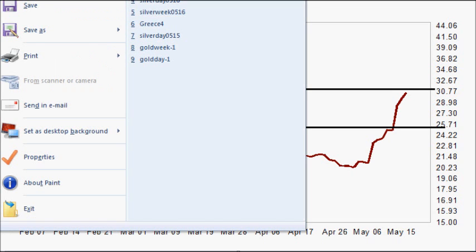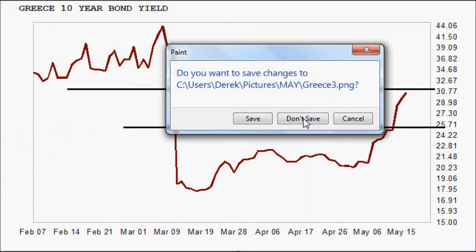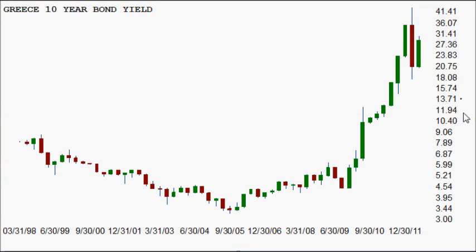When we take a look at this on a candlestick variety, the situation we have is a big up move, and then you have this correctionary phase.